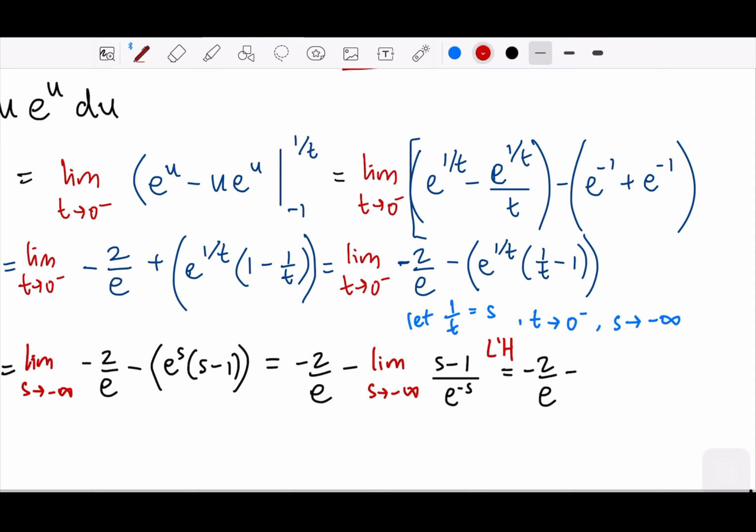Okay, and then limit, still have limit. And this becomes 1, or even negative. And then this is having negative s. And this will result in 0.